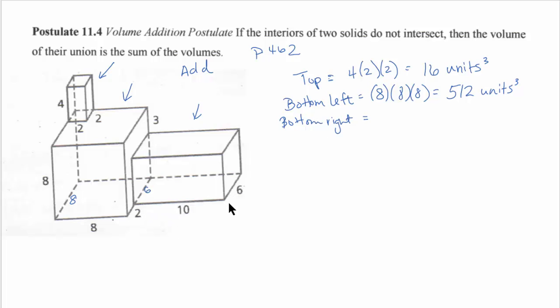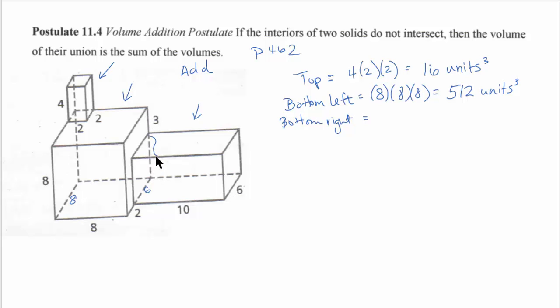Well, let's see. We've got 10 by 6. I need to know the height here. Well, how can I figure out the height? Look elsewhere in your diagram. Look, there's 8 here, and we said this is a cube, so this is 8, which means this whole length is 8, but we know this top part is 3.